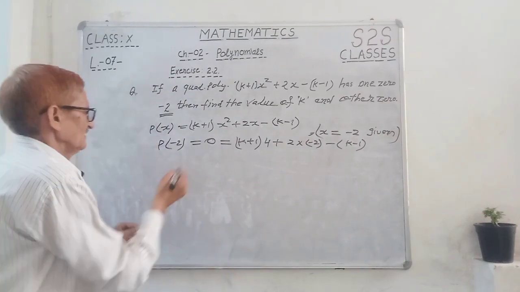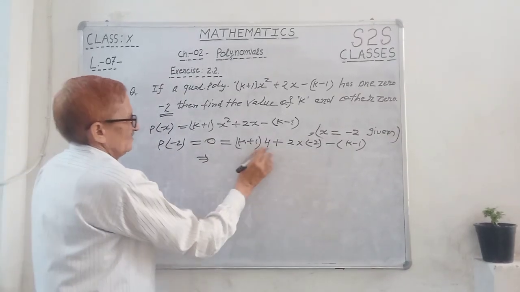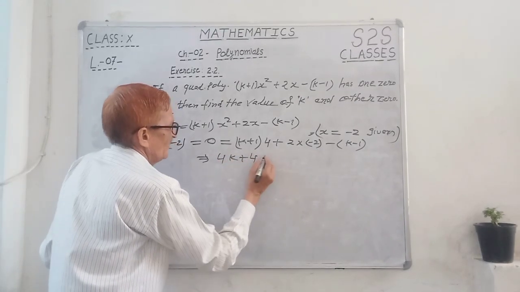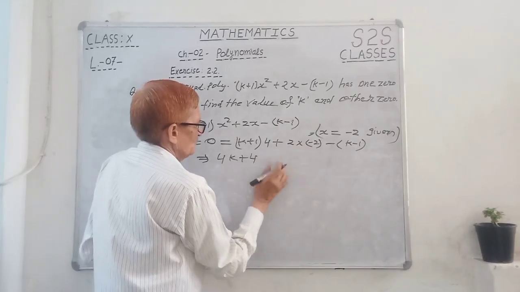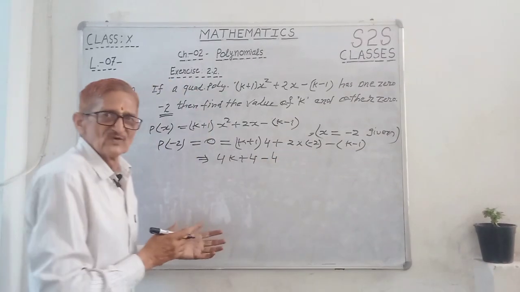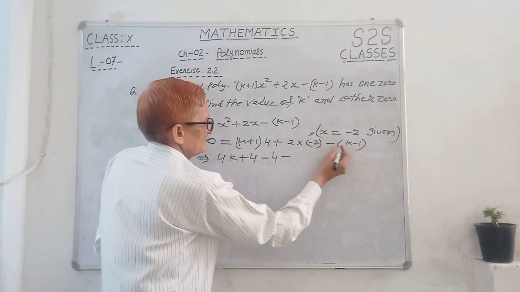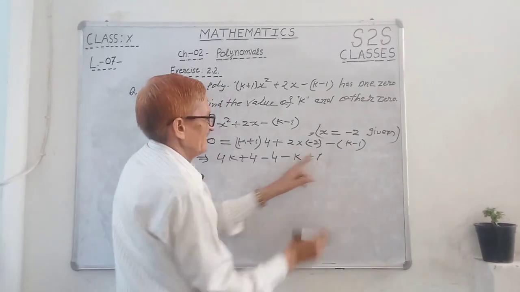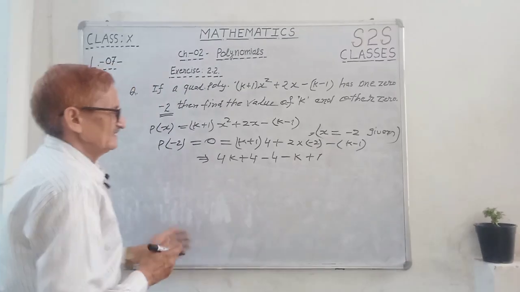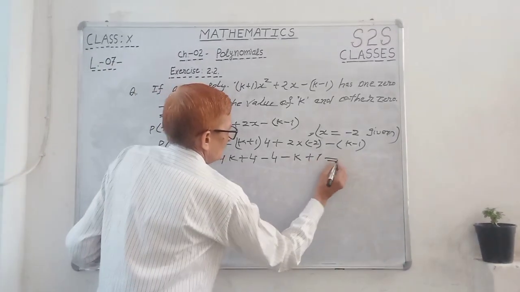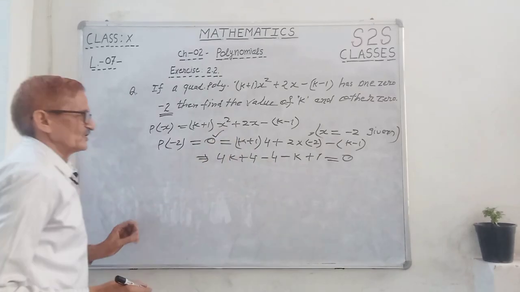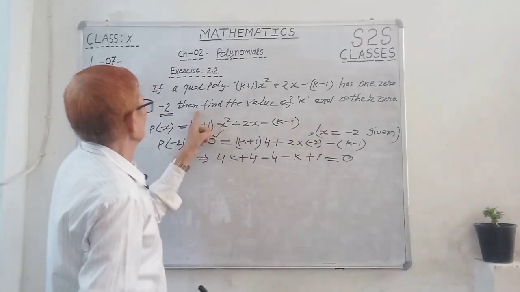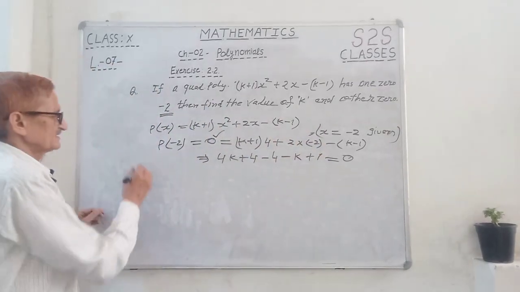This is 0, so it means multiply: 4k plus 4, simplify, plus 2 into -2 minus 4, and minus k, open the bracket, then minus k plus 1, minus outside bracket, then change the sign inside, then this is equal to 0 because this polynomial value is 0 at x is equal to -2 because -2 is the one zero. Okay, this is the standard method.